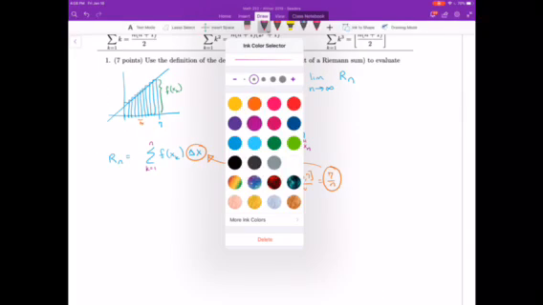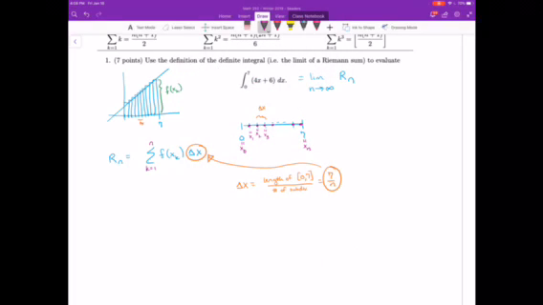The next thing I want to make sure I know is what x sub k is. And k is what's incrementing from 1 to n. So again, I know that x sub 0 is my initial input, which is 0. And then x sub 1 is 7 over n to the right of 0. So it should be 7 over n.